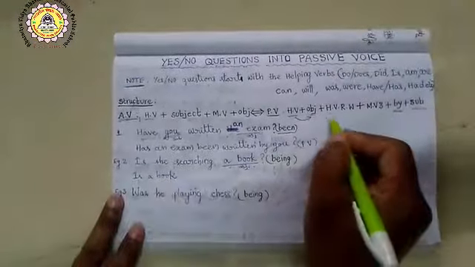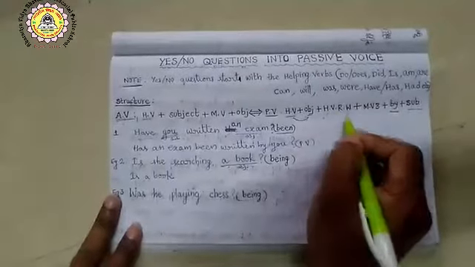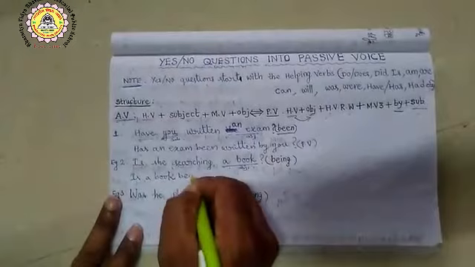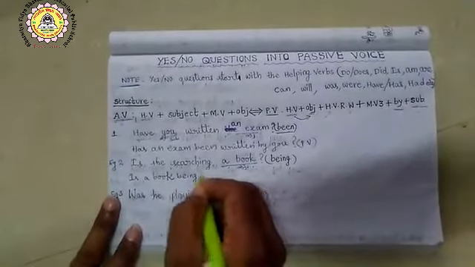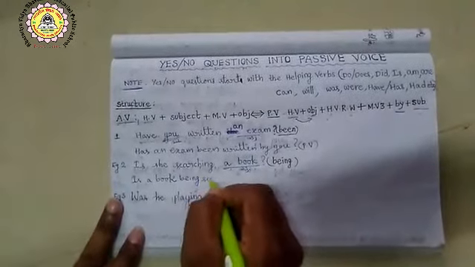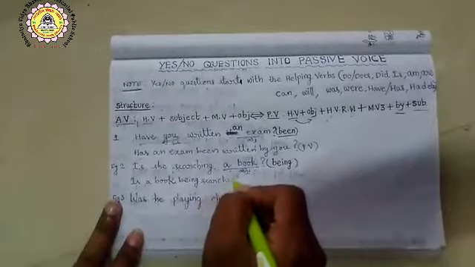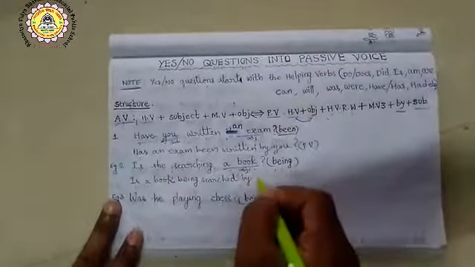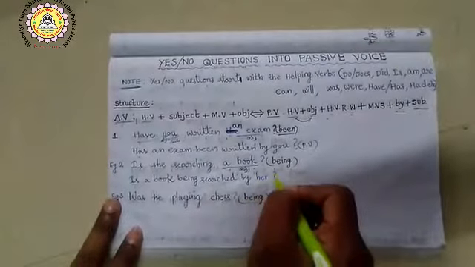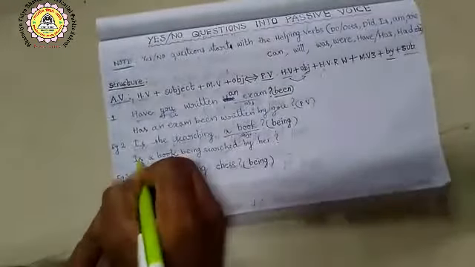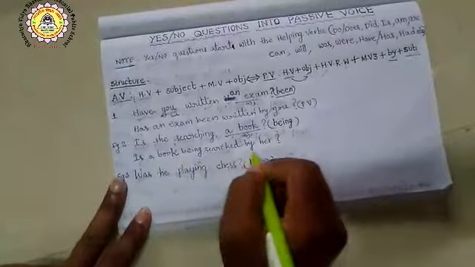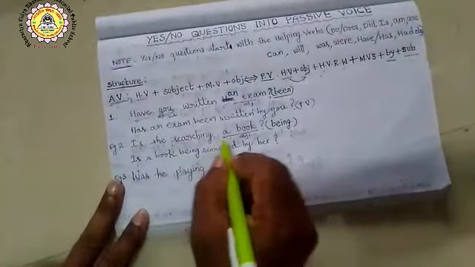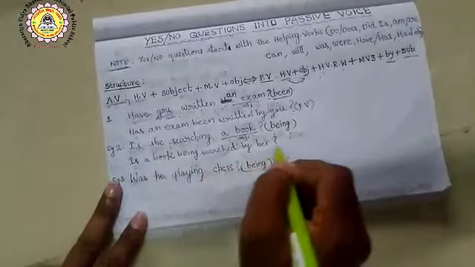Then the helping verb related word, being, and searched. Then by, then she becomes her. Question mark. The answer is: is a book being searched by her.